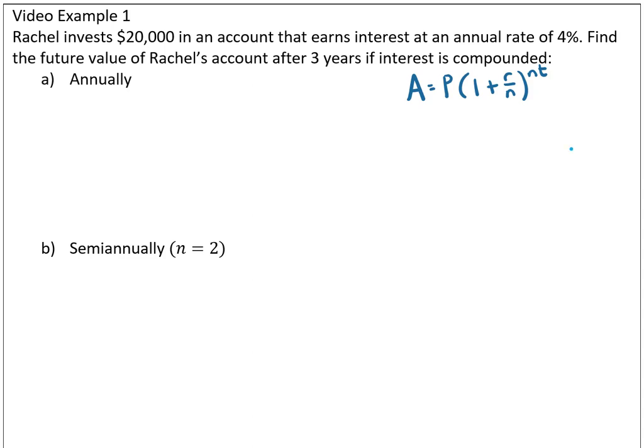For this question, the rate is 4% and the time will be 3 years and the principal is the $20,000. But what's going to be different in each question is the n. So when something is compounded annually, that's 1 time a year, so our n will be 1.